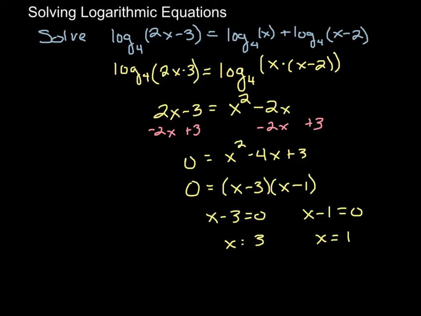Now, with these logarithms, I'm sure you saw in the last class where these logs have domain issues. We can't have anything inside that's a negative or a 0. So I'm just going to double check to make sure these values don't make the inside negative or 0.